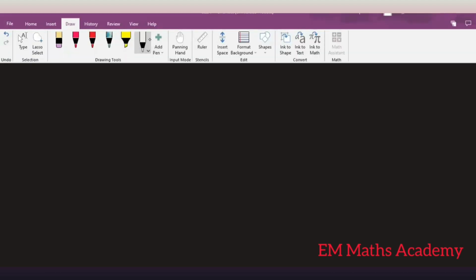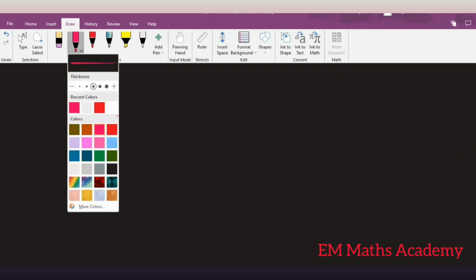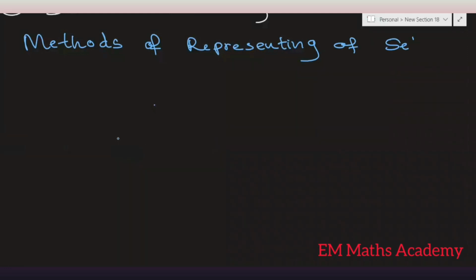Next, we are going to move to the methods of representing or writing a set. Write down the subtopic: methods of representing sets. This is an important topic. How do we represent a set?